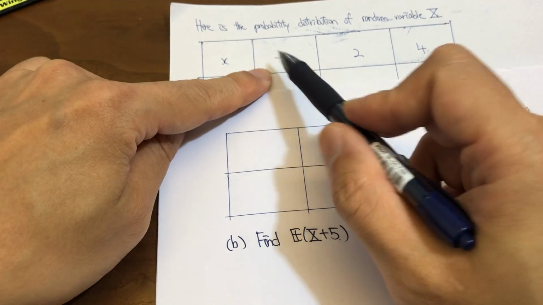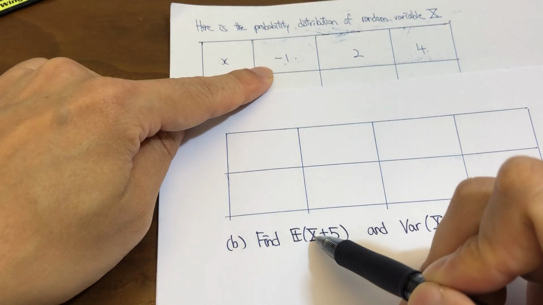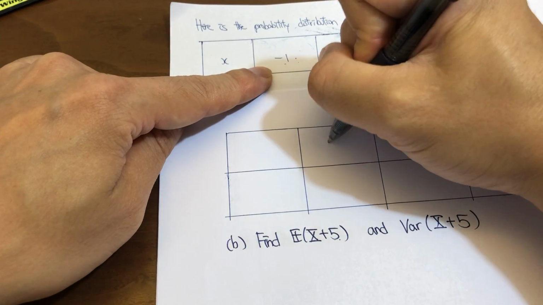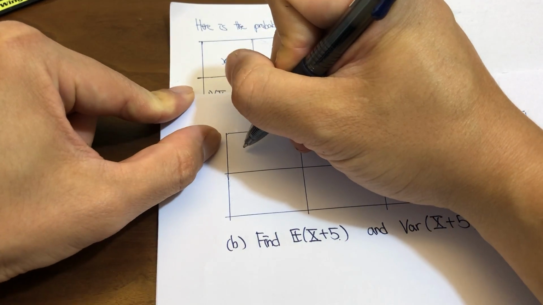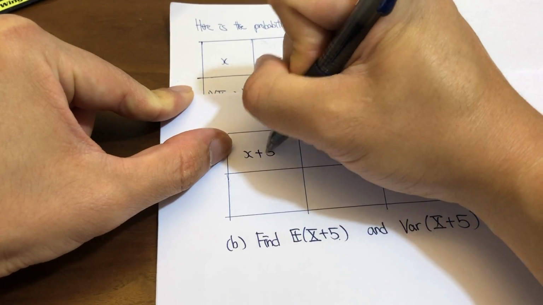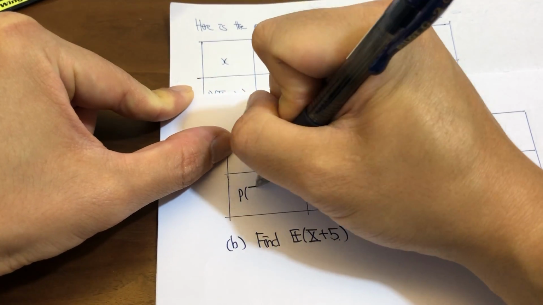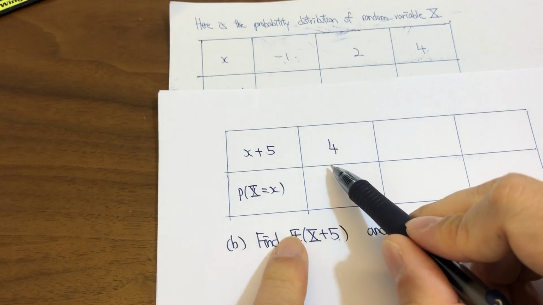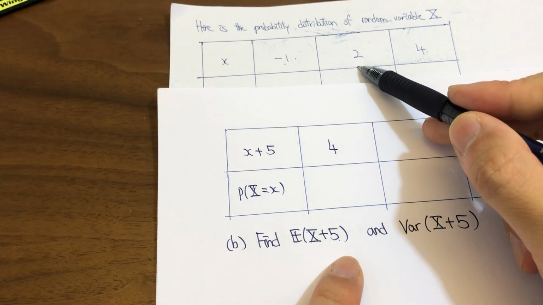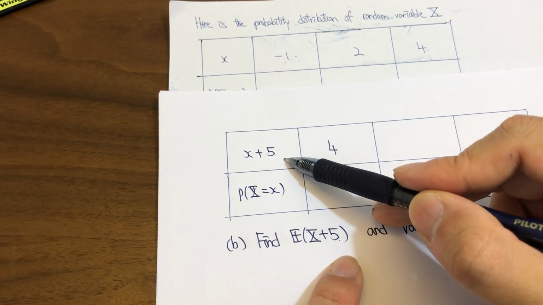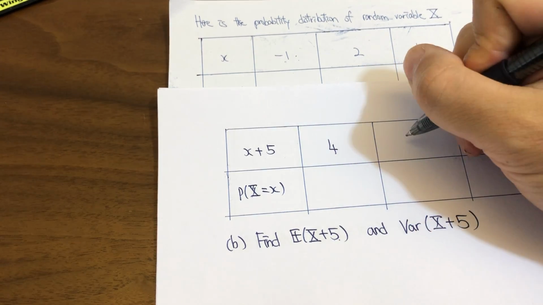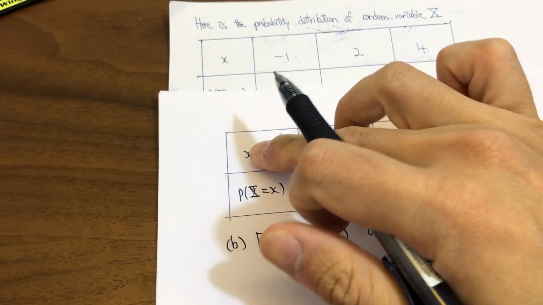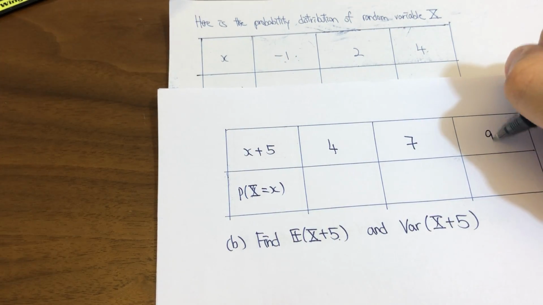So first of all, when x is -1, -1 plus 5 will become 4. So this is the value of x plus 5, and this is the corresponding probability. Okay? When x is 2, x plus 5 is 2 plus 5, which is 7. When x is 4, x plus 5 will become 9.